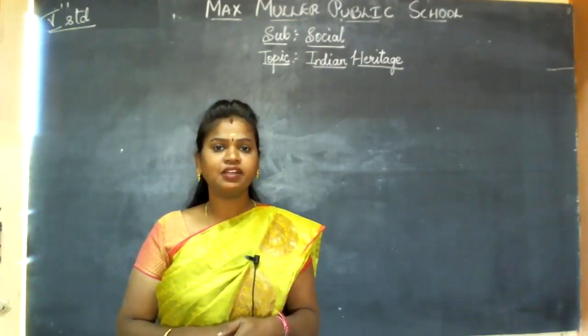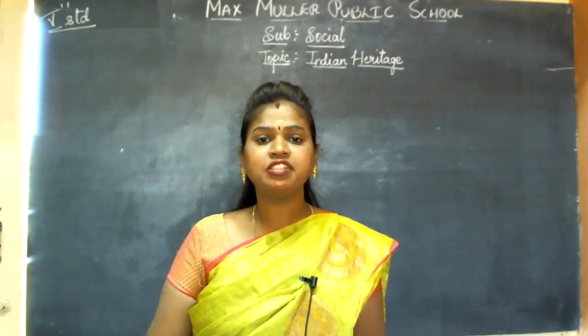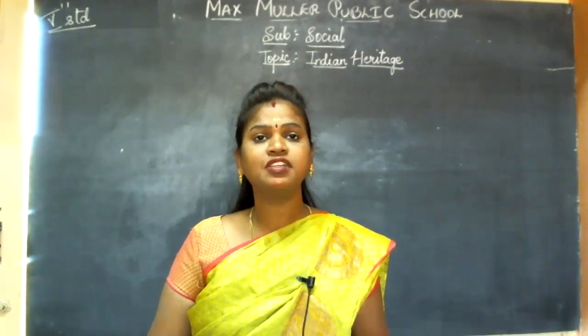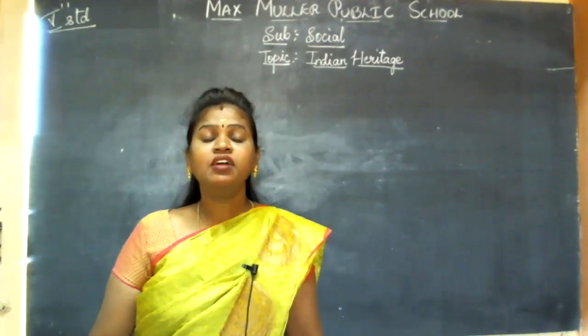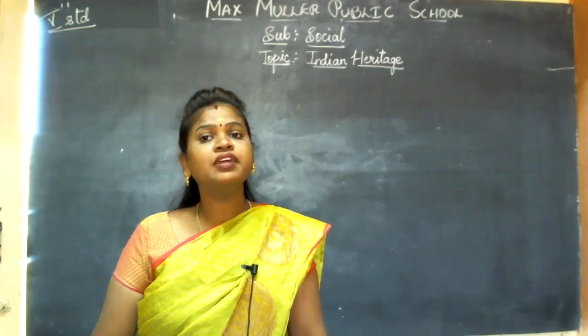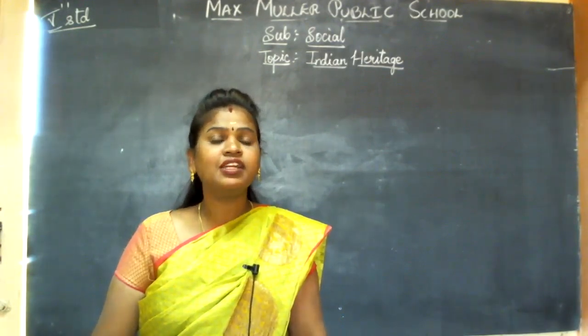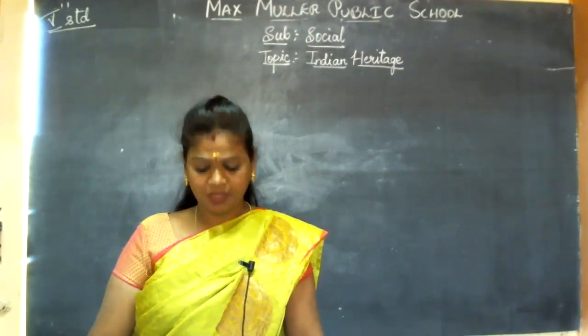And about the Qutub Minar. Qutub Minar is the tallest minaret in the world. And who built this Qutub Minar? It was built by the Slave dynasty, or the Delhi Sultanate, by an emperor named Qutbuddin Aibak.